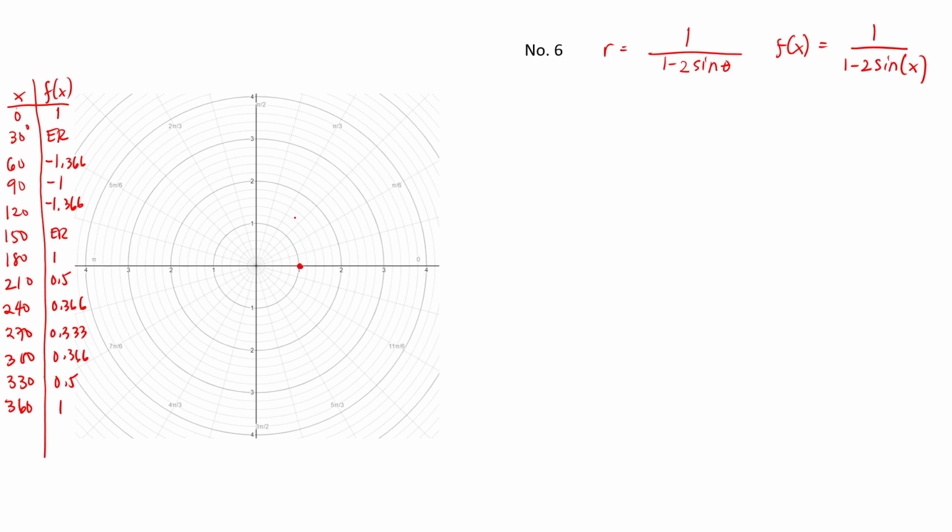So starting with 0, that will be 1. 30 degrees is error. So there's no point along this point here. 60 degrees is negative 1.4. So let's say if this is 1.4, so going on the opposite side, that's 1.4 here. Then 90 degrees is negative 1, so going towards the opposite side, that will be negative 1.